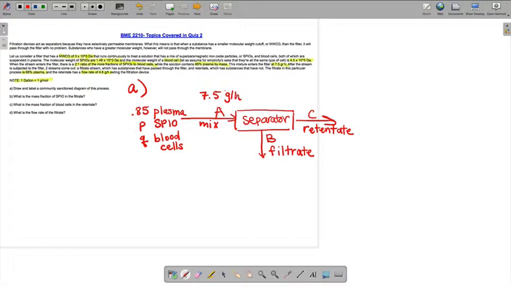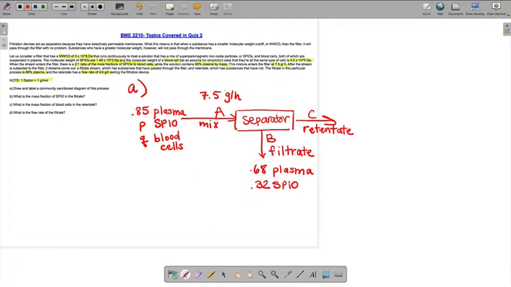Similarly, for stream B, we have 0.68 plasma, and since the only other substance in this stream is going to be the SPIO, we automatically know that it's 0.32 SPIO.